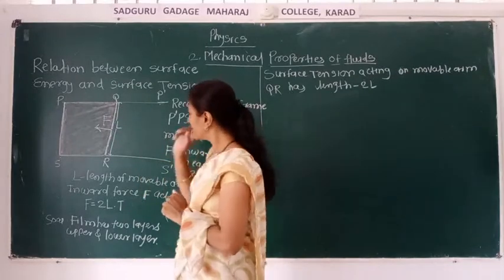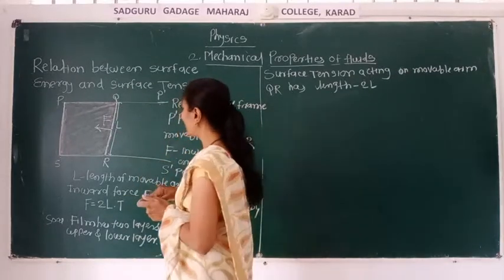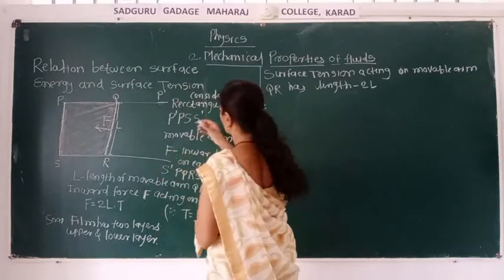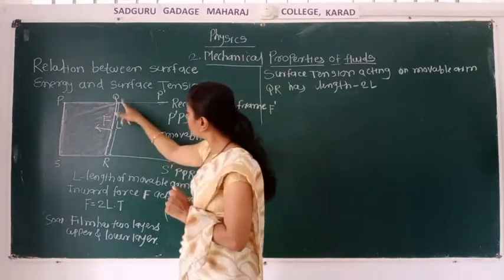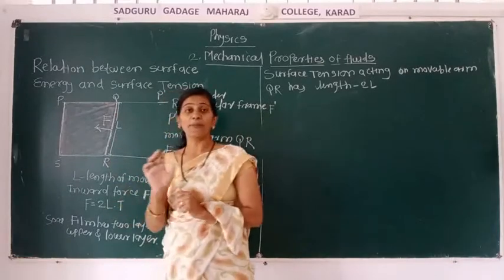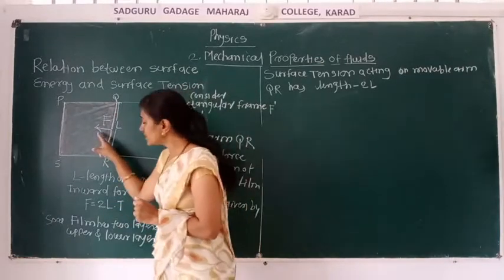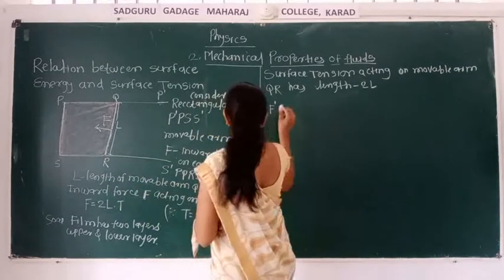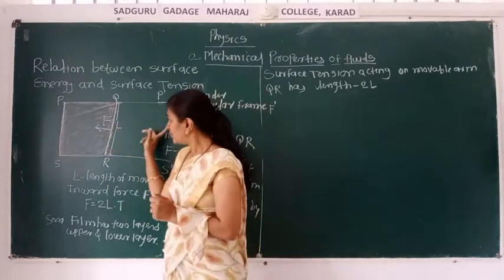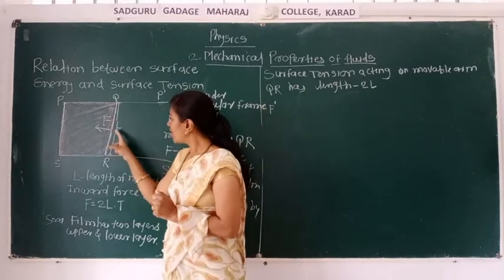Now imagine an equal force, F dash, acting on the movable arm QR but in the opposite direction. F dash is equal to F but in the opposite direction.